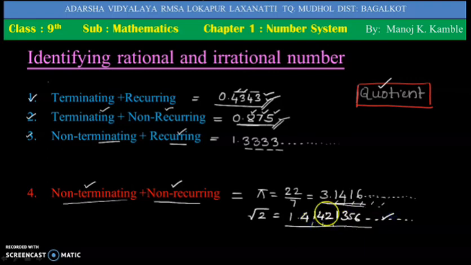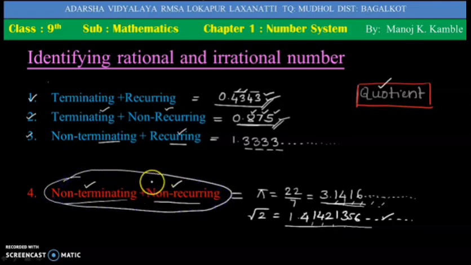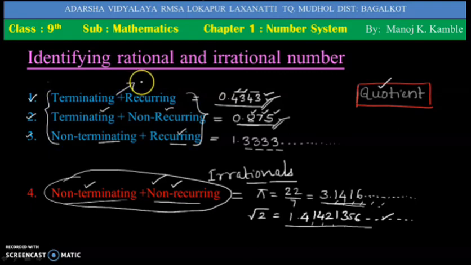So when the decimal is not ending and not repeating, that type of number is called an irrational number. Otherwise, the above three are decimal expansions for rational numbers. If the decimal expansion is terminating with recurring, then it is a rational number. If terminating with non-recurring, then also it is rational. If non-terminating with recurring, then also it is rational.